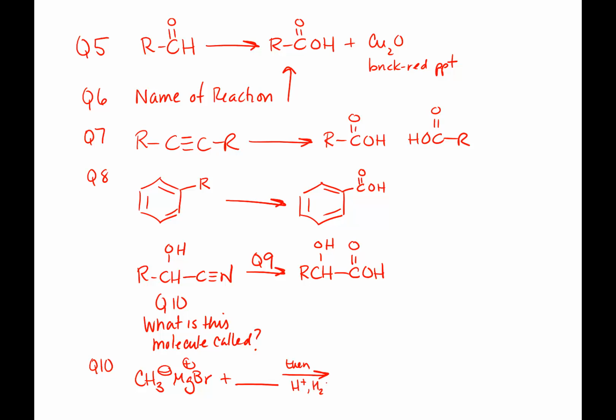Then adding H plus H2O to it to make the carboxylic acid. What would I react there? So, well, that's not question 10. Sorry, that's question 11. So the first 11 questions on the quiz, and there may only be 11.